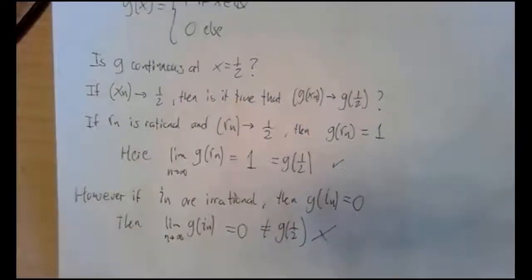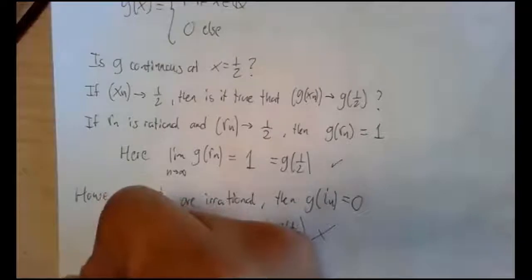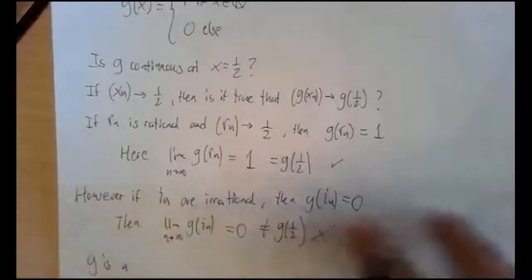So we cannot have a continuous function having two different limits like this. So what's happening here is that this function g, this Dirichlet function, is actually not continuous at 1/2. And it's not hard to see that this little exercise that we just did here would work the same if instead of using 1/2, we use any other number, right? So Dirichlet function is an example. So this is a function, and g is a function.